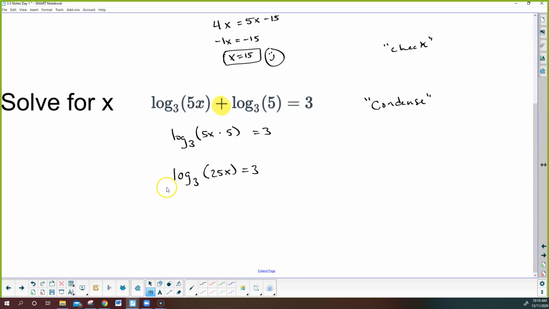You could exponentiate both sides, raising 3 to the power of each side. I don't like that for me. Personally, I like to take the base of 3, raise it to the power of 3, and that equals 25x. So I changed from log form to exponential.